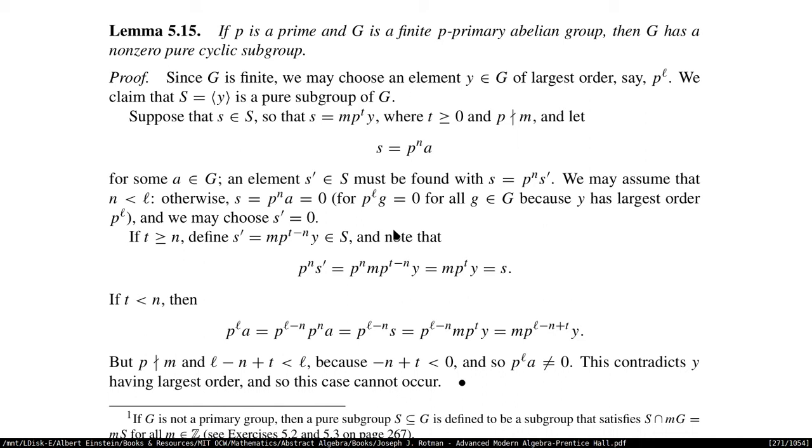Okay, so in this lemma you have a prime p, and G is a finite p-primary abelian group, then G has a non-zero pure cyclic subgroup, right? A non-zero pure cyclic subgroup just means that you have a cyclic subgroup generated by a non-zero element of the group and it's pure, by the definition we had before.